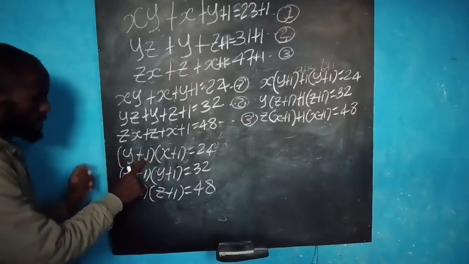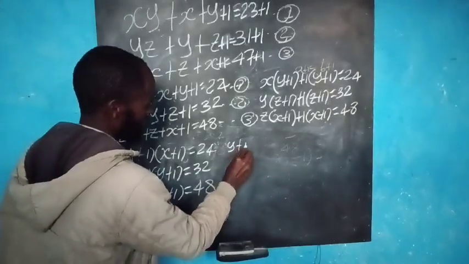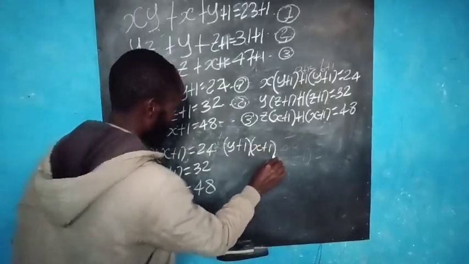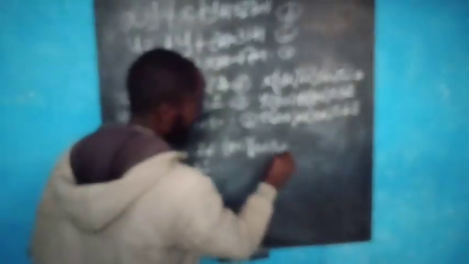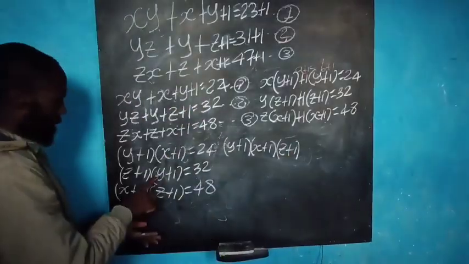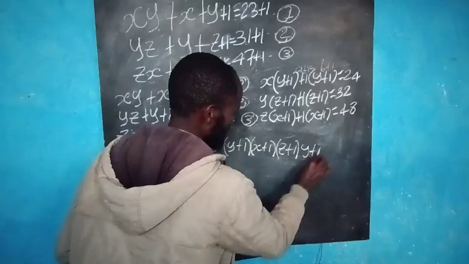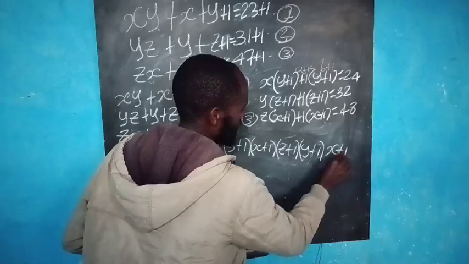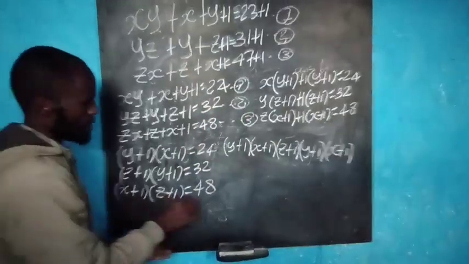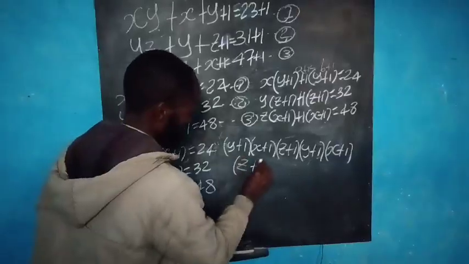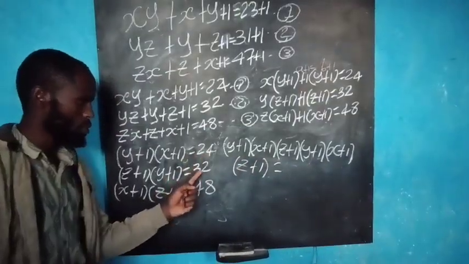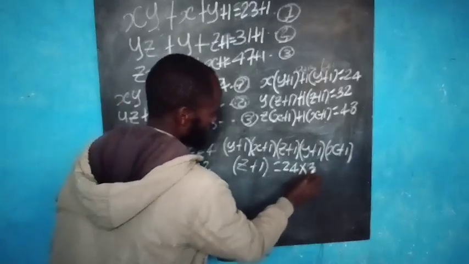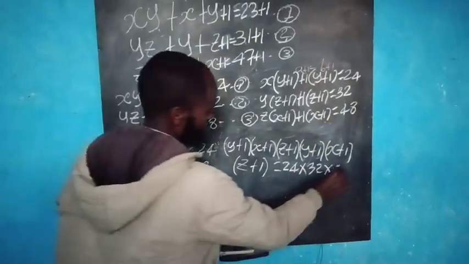So y plus 1, x plus 1, z plus 1, times y plus 1, x plus 1, z plus 1, equals 24 times 32 times 48.